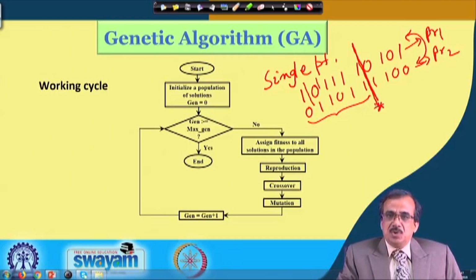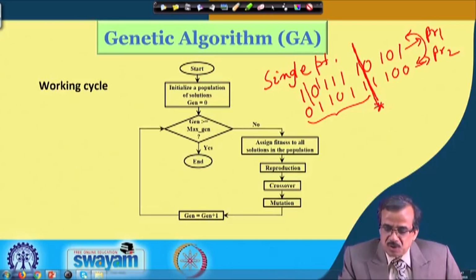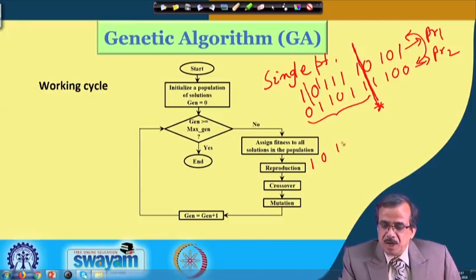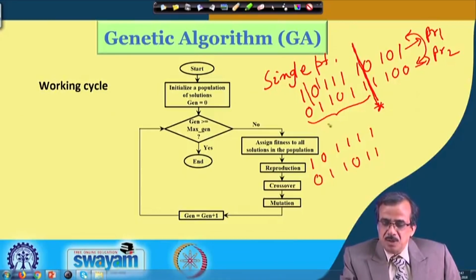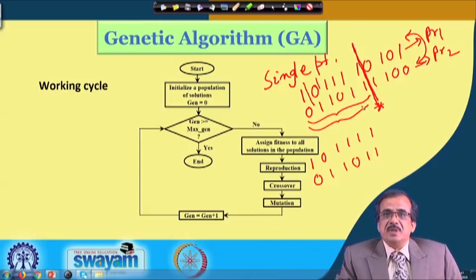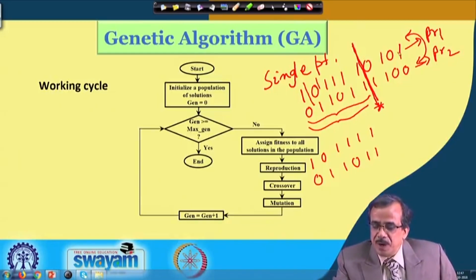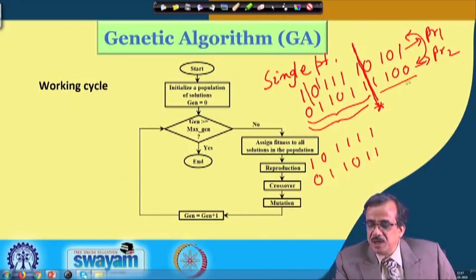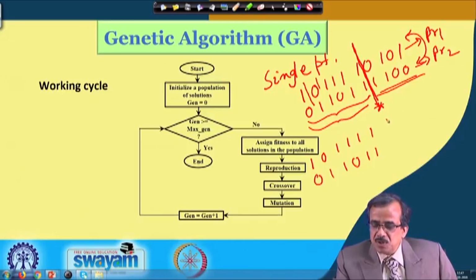If you do this single point crossover, we will get the children solution as follows. The children solution will be 1 0 1 1 1 1, then 0 1 1 0 1 1. So, this will remain the same and there will be swapping here. These particular bits will go up, so this will become 1 1 0 0 and this will come down.